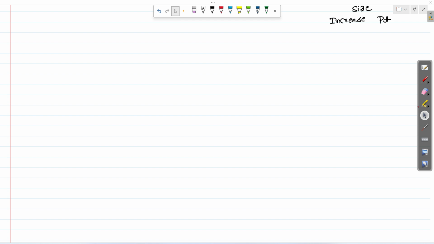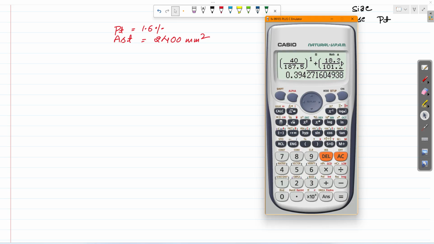So percentage of steel PT is 1.6%. We will get AST of 2400 mm square. So let me check this. Your PT is 1.6 divided by 100 multiplied by column dimensions 300 into 500.